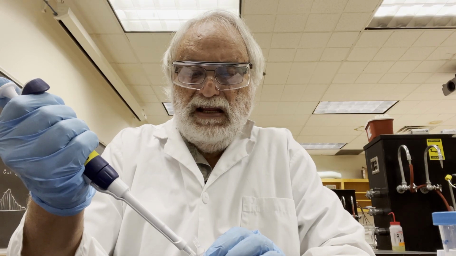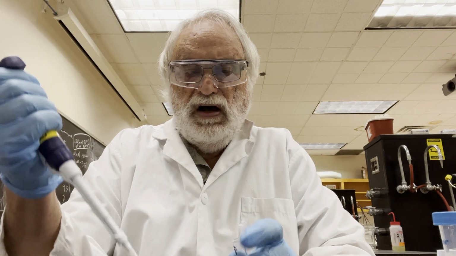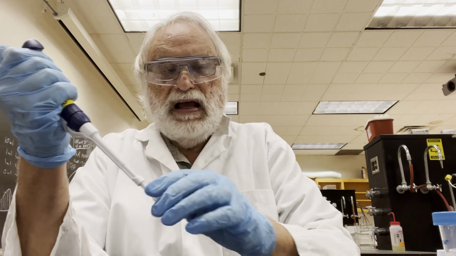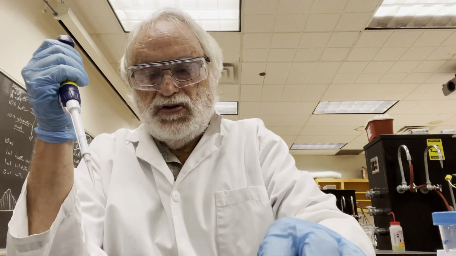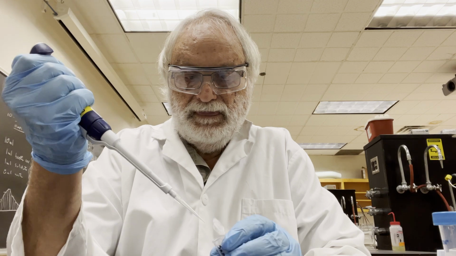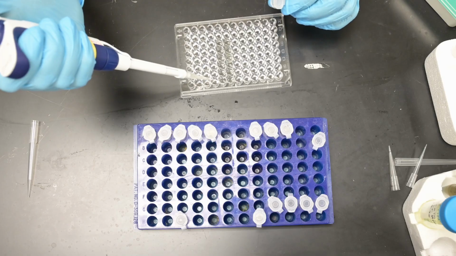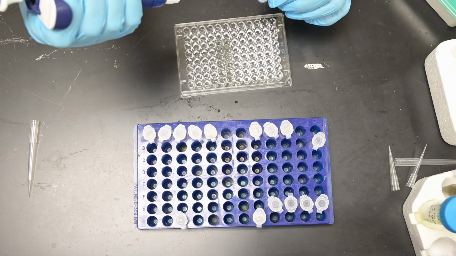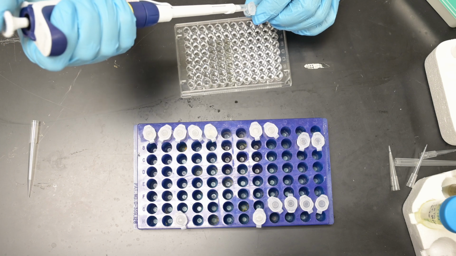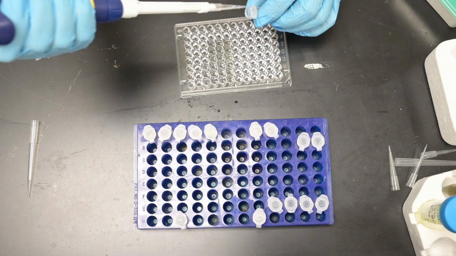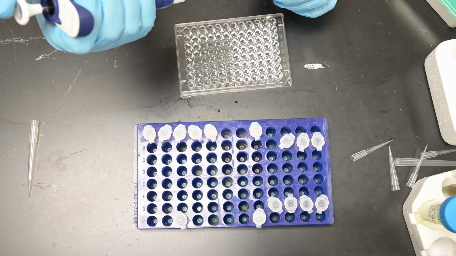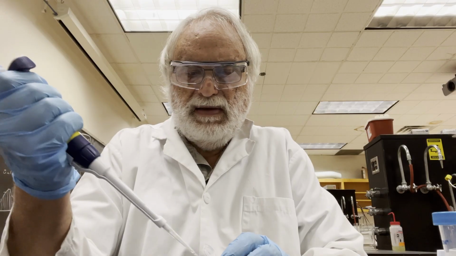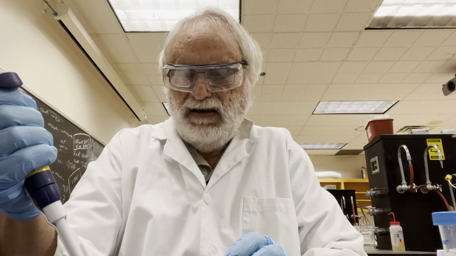You can do these in any particular order that you want. I just go ahead and generally try to do all the columns and the rows first. It looks like I made one extra dilution that I didn't need to make.